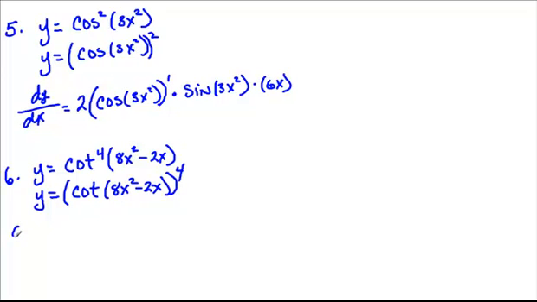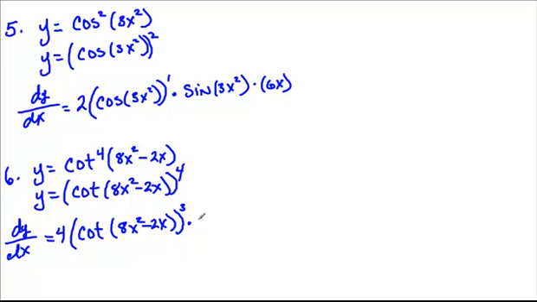Okay, so when you do your derivative, bring the 4 down front, keep the inside intact, to the third power, then multiply times the derivative of the inside.